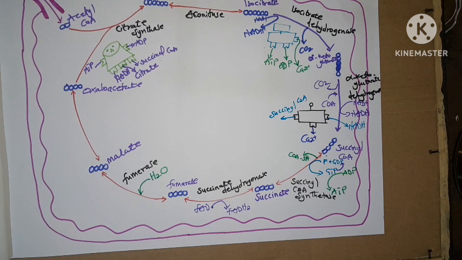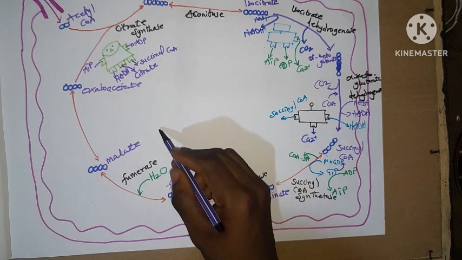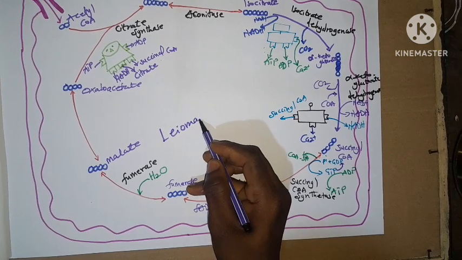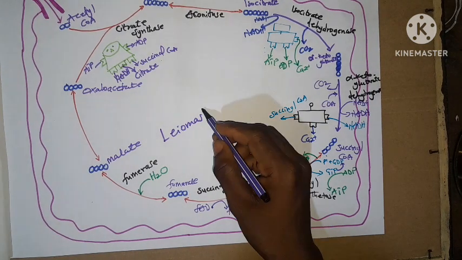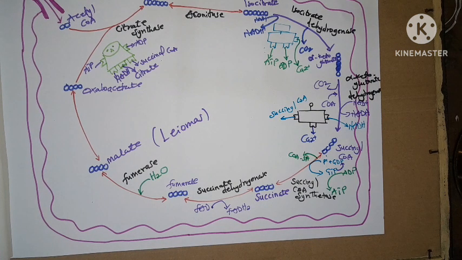A deficiency in this enzyme can lead to the formation of leiomyomas. These leiomyomas are tumors that develop within the smooth muscles, and they are very common in the uterine smooth muscles and in the kidneys.